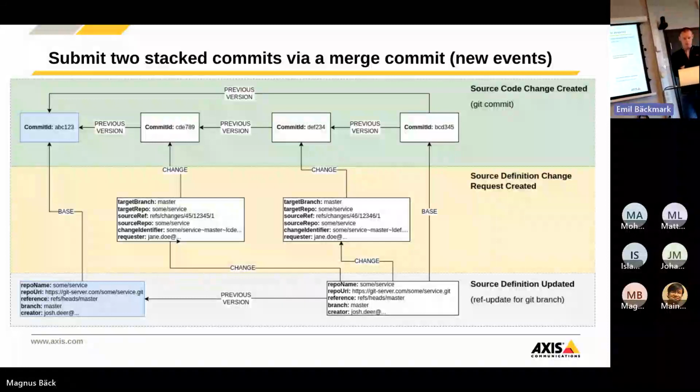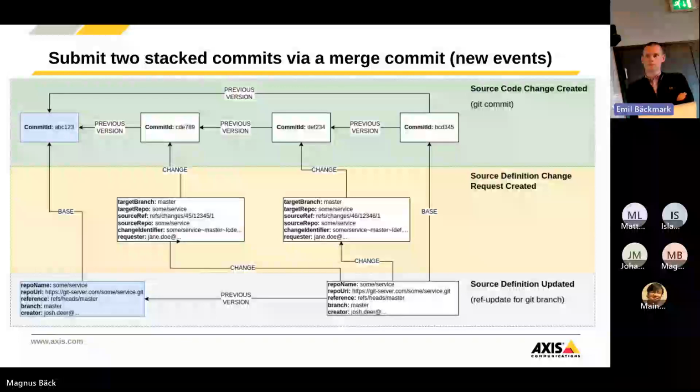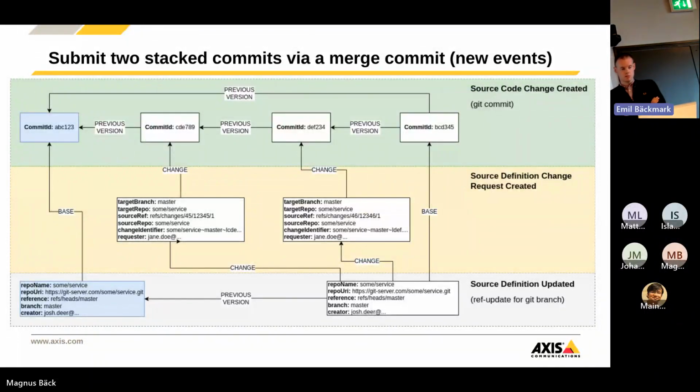Yeah, that's an interesting question, actually. For instance, I'm having an activity triggered, and I want to describe with the composition defined event what kind of commits are a part of that. Well, how should I? That's a really good question.